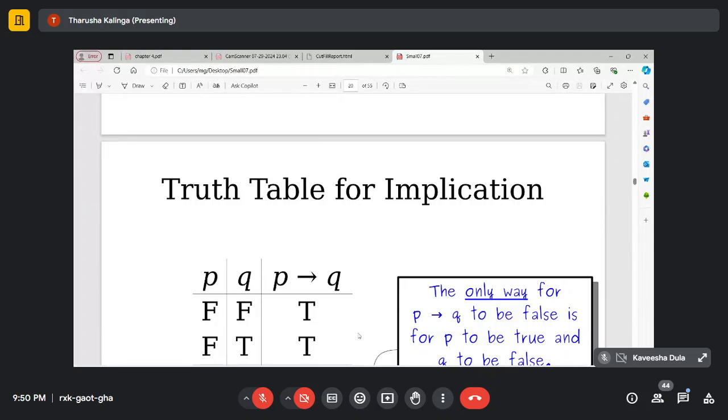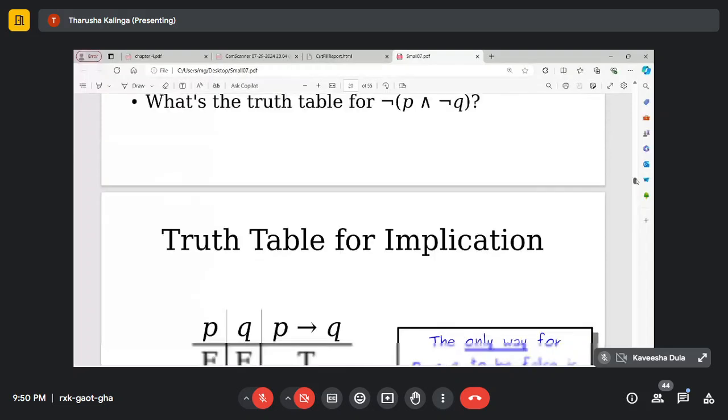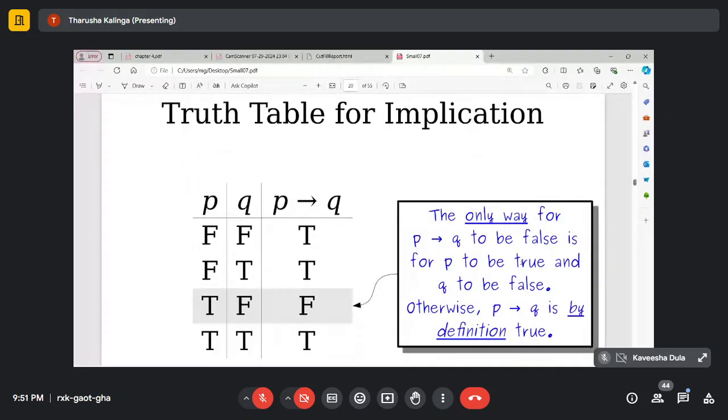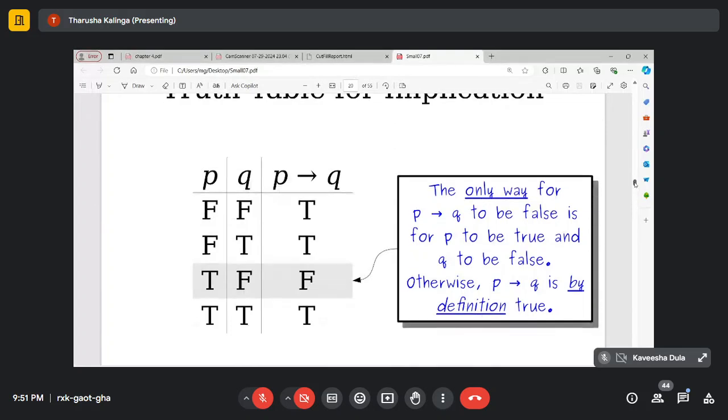So here the important thing is, when you are writing down the statement in the English language, it is important to note the first thing. If we say like this, here we got the statement: if it is raining, the ground is getting wet.